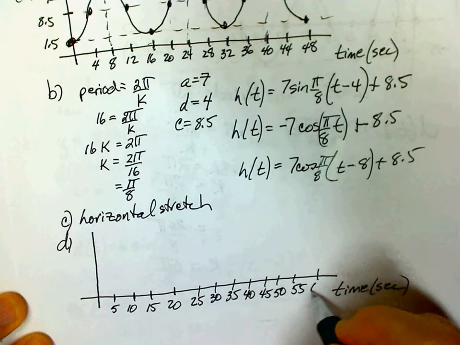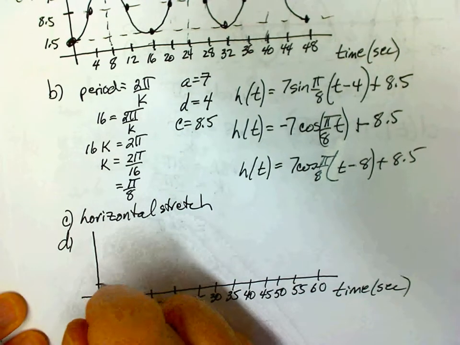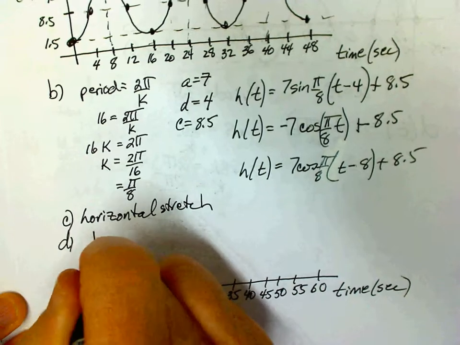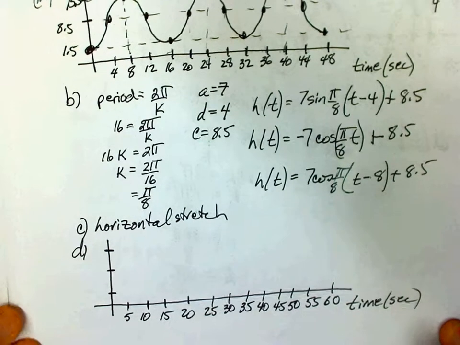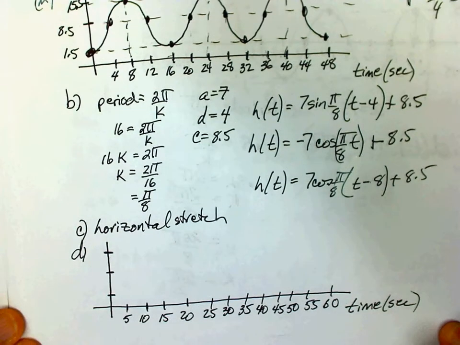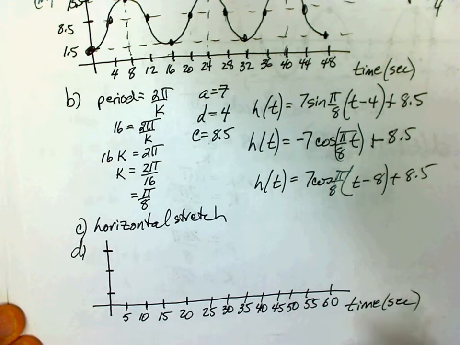The size of the wheel isn't changing, just the speed of the wheel. So the height is h of t in meters.